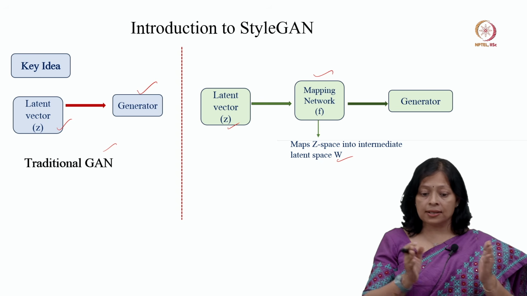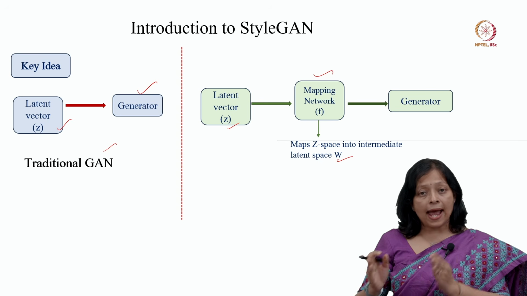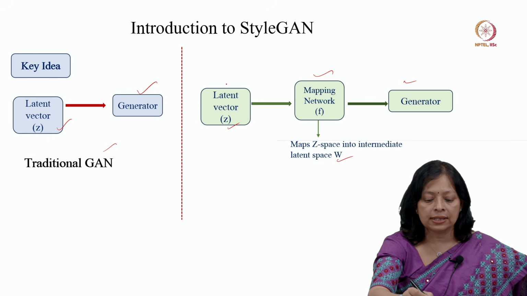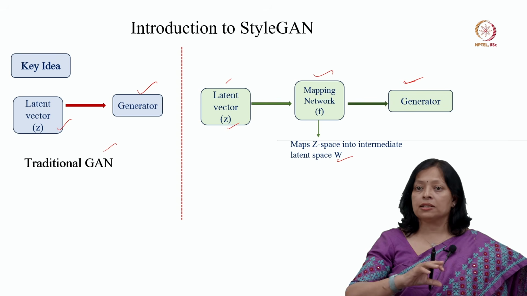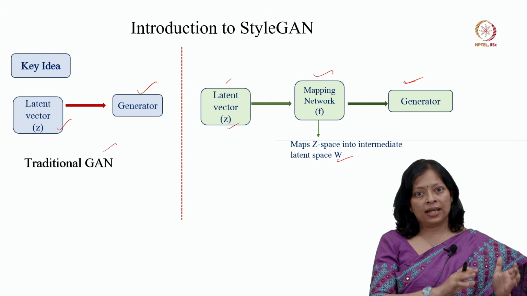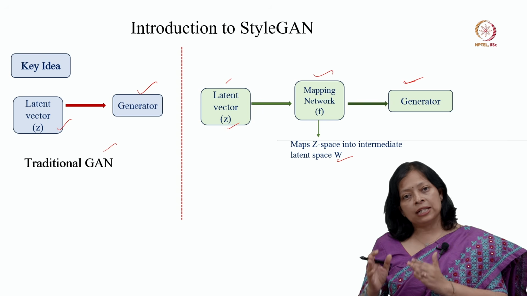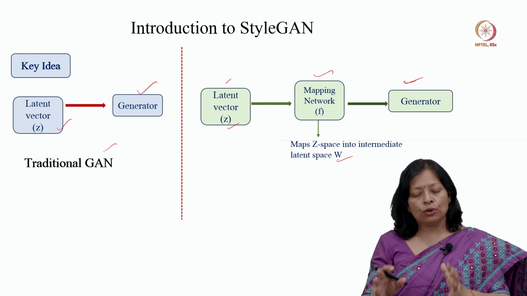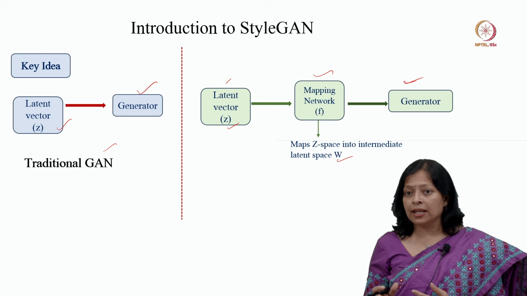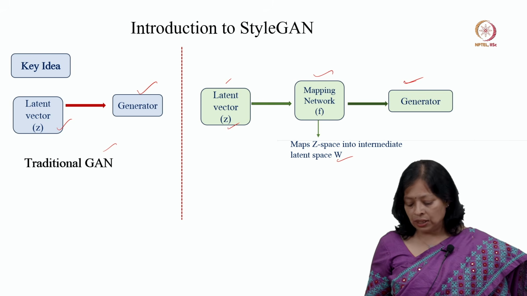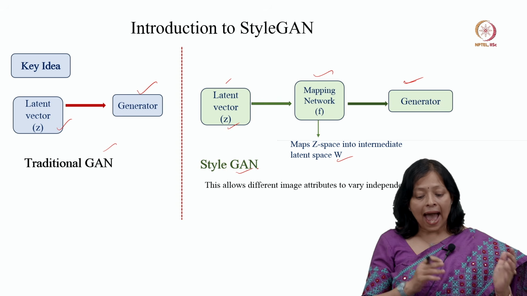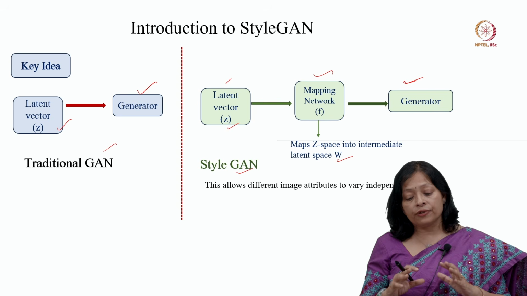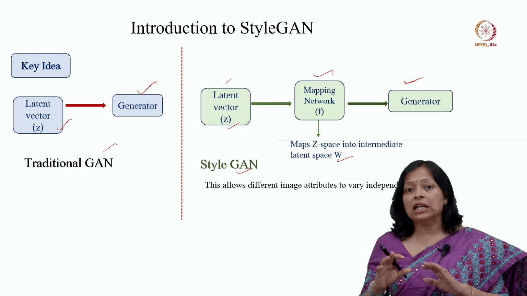So, between the latent vector input and the generator there is the mapping network, and this mapping network maps the latent space Z into an intermediate latent space W. We will look into what this mapping network looks like and what its function is as we go through the slides. This allows different image attributes to vary independently.